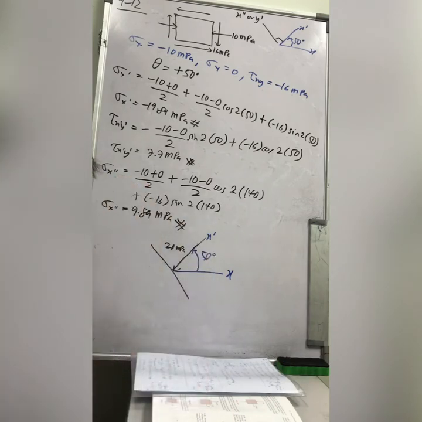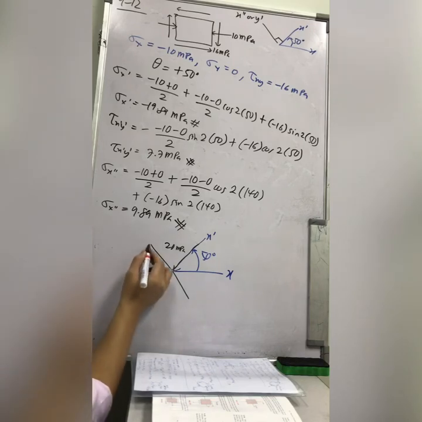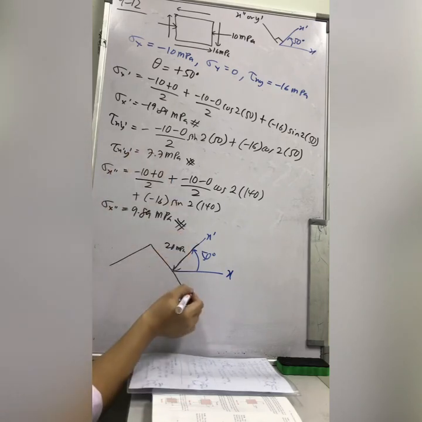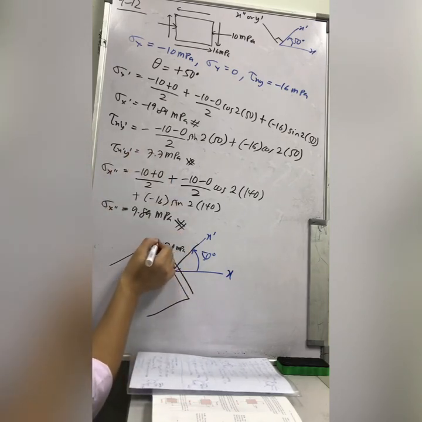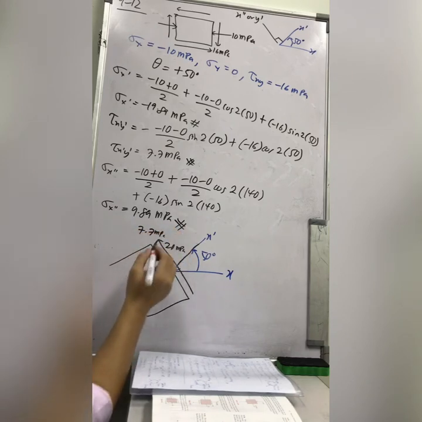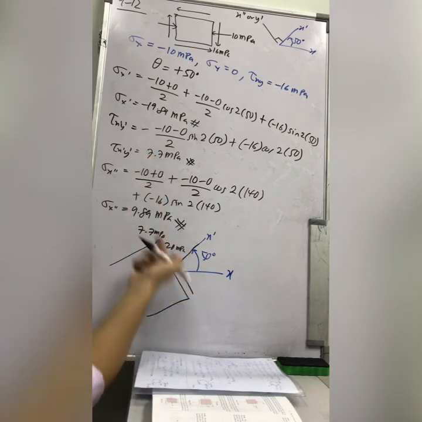And of course you have this as well, 7.7 megapascal, which is going up. Why going up? Positive, going up along the surface.